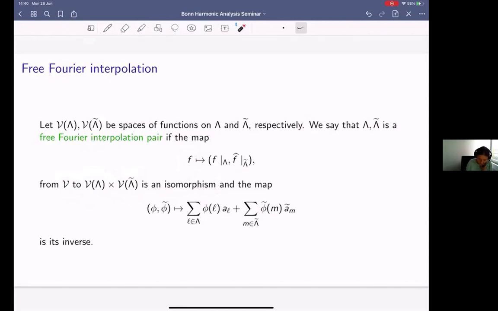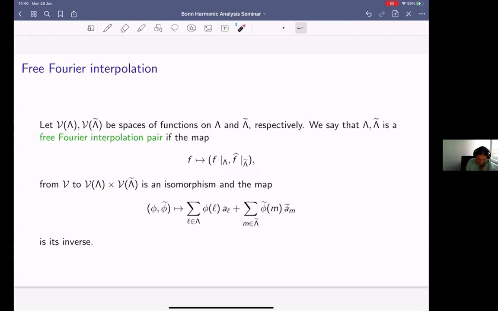And if this map, which we have constructed in the previous slide, is an inverse of this map. Namely, it means that we can not only reconstruct functions from its values on lambda and lambda tilde, but we can assign to f any values on lambda and lambda tilde we want, and we will always find a function which matches those values.